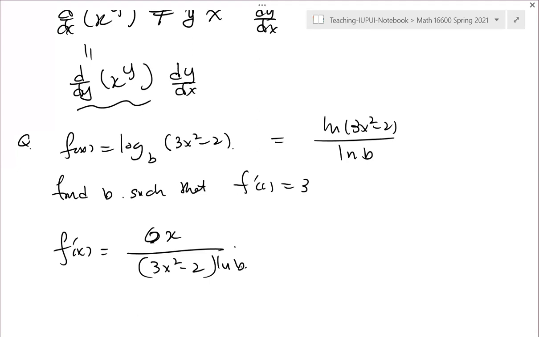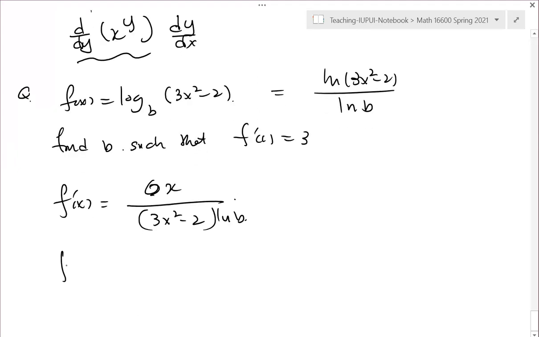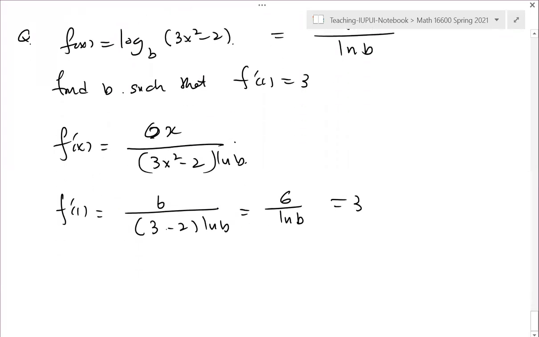Because the derivative of 3x squared is 6x. All right, so then I evaluate at 1. I get 6 natural log of b over 3 minus 2, which is 6 natural log of b. All right. So this is supposed to be equal to 3. So in other words, natural log of b should be equal to 2. Then b should be equal to e squared.